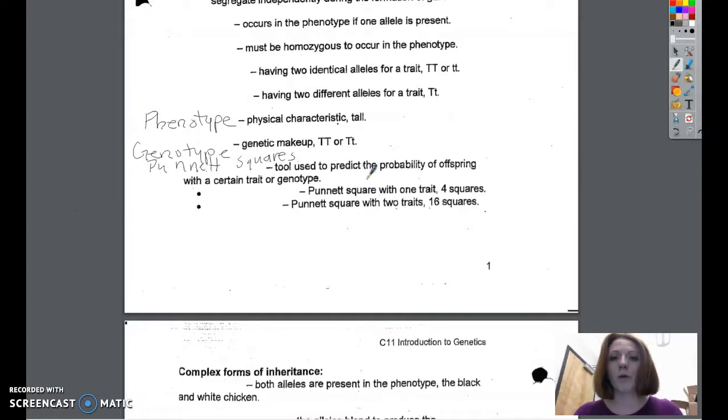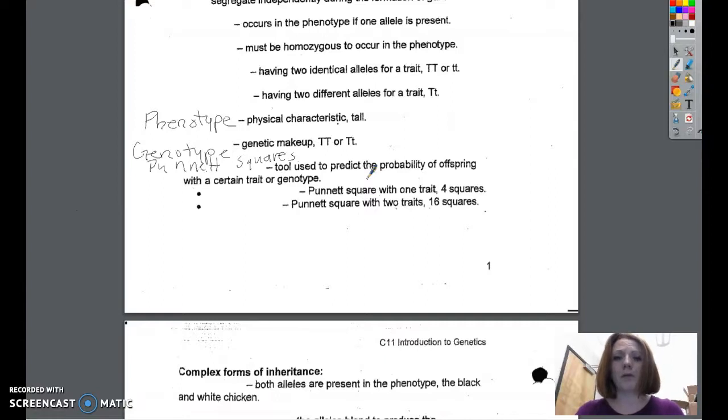If we do one with 4 squares, we're looking at one particular trait. So we can look at how tall or short something is. We can look at seed color. We can look at pods on peas: are they wrinkled or are they smooth? We can look at the color of different flowers. When we do that, when it's just one trait, it's not anything put together, we call it a monohybrid, and mono meaning one.